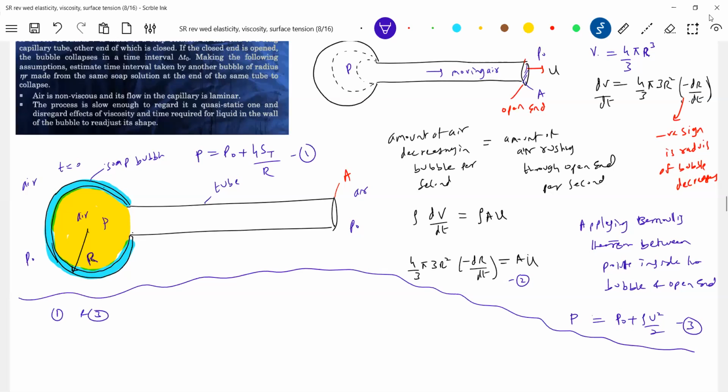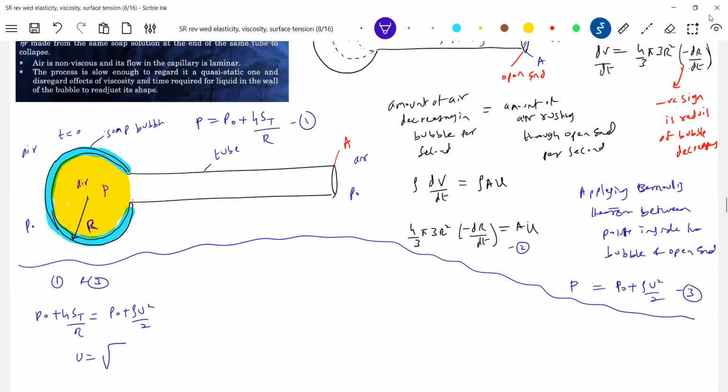From 1 and 3, P naught plus 4 ST by R is equal to rho u square by 2. So with this, I'm getting an expression for the speed of the air. So this will be 8 ST by rho r. Call this equation any number.